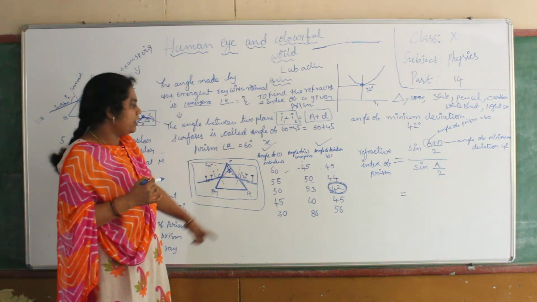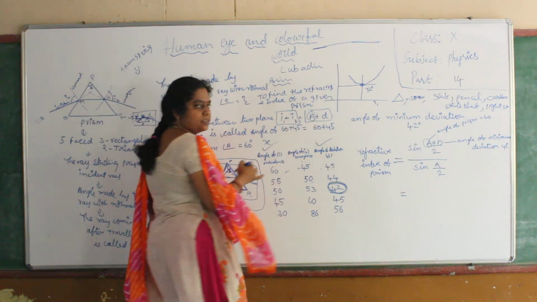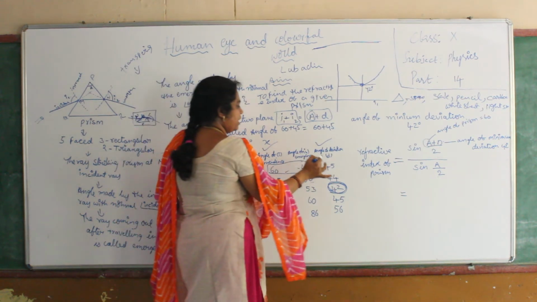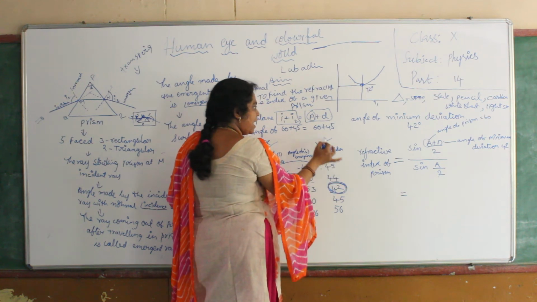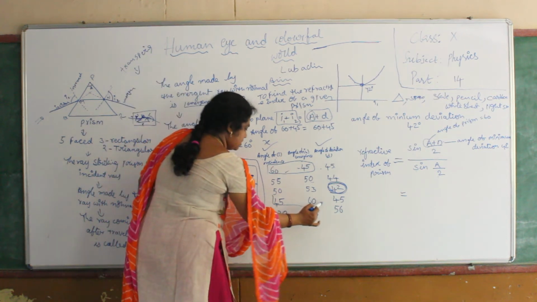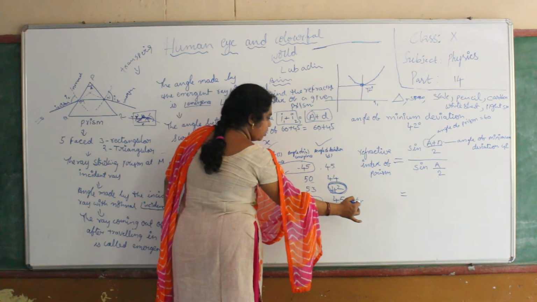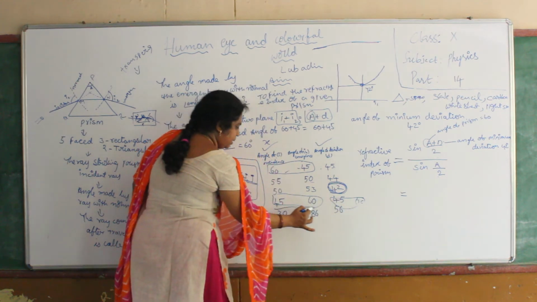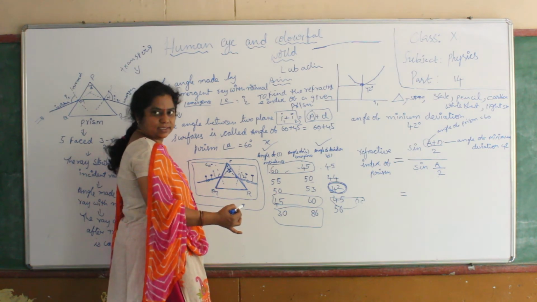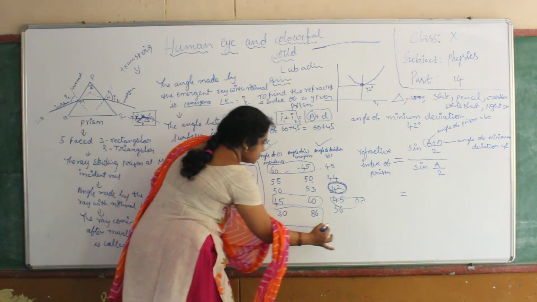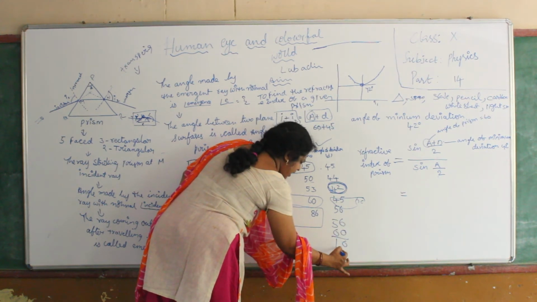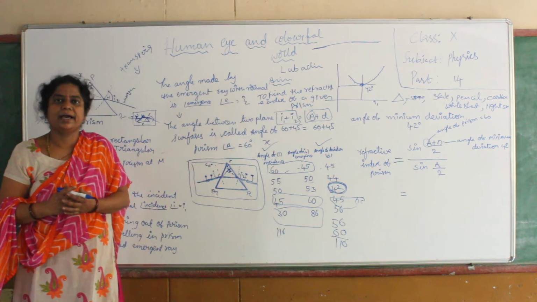And you know A is always 60. So the sum of these two values should be equal to the sum of D and 60. Check all the readings now. Let me take this: 60 plus 45 is equal to, here also, 60 plus 45. See here, 30 plus 86. What is 30 plus 86? 116. So 116 is equal to here 50 plus 60. What is 50 plus 60? Again 116. So it is practically correct.